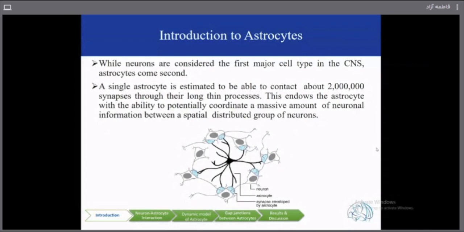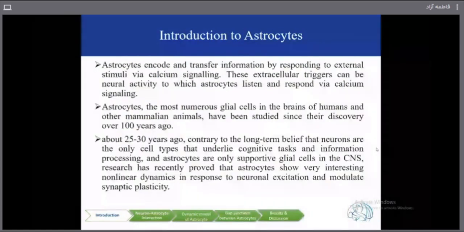So astrocytes can encode and respond to stimuli via intercellular calcium oscillations. Researchers have shown that in response to a stimulation, I mean neural stimulation, astrocytes are able to release transmitters and propagate calcium waves over long distances.